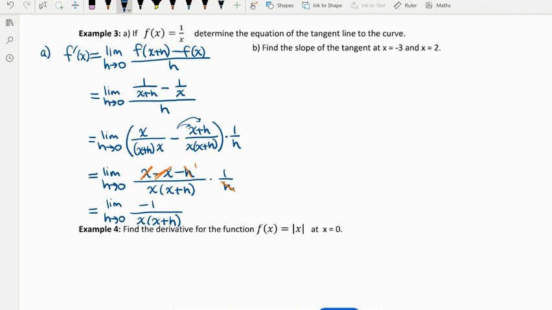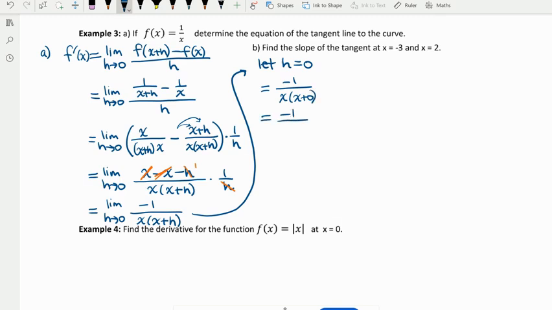Let's plug in the numbers. So let h equal 0. You have negative 1 over x times x plus 0, which just leaves you with negative 1 over x squared.